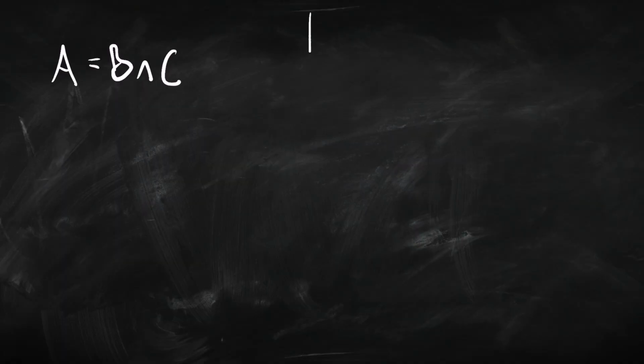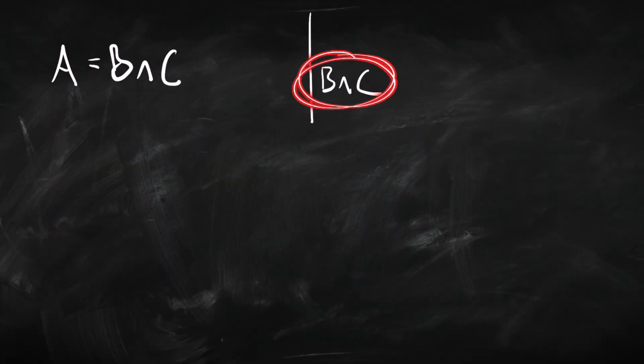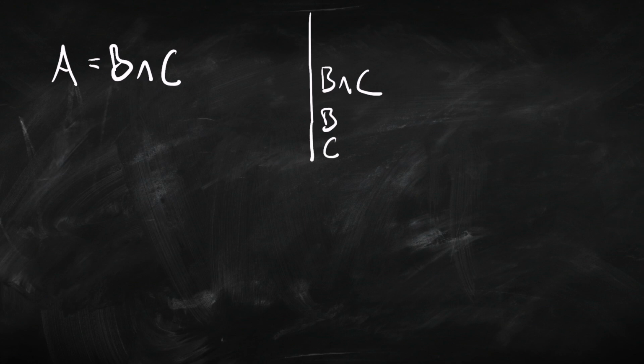So what we're assuming here is we have this finished open branch, and on it we've got B and C. Now, because it's a finished open branch, that means we applied all the rules. So in particular, we must have applied a rule to this. And the rule for that would have added B and C to the branch.